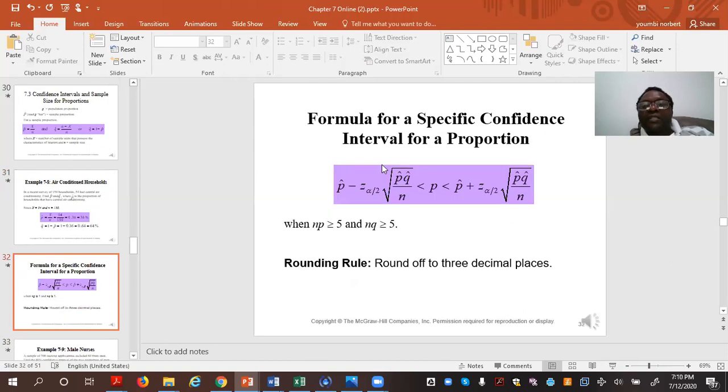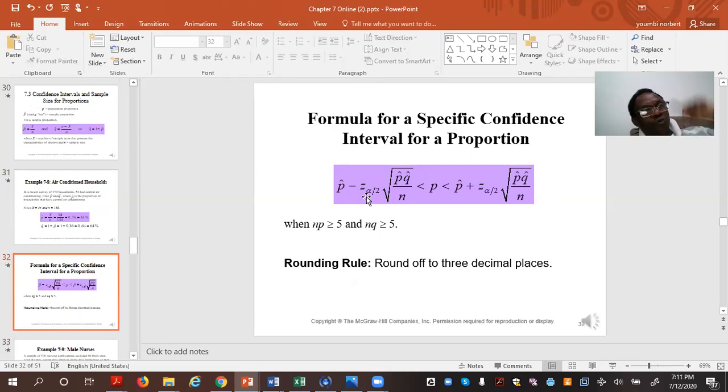So this is the formula for the margin of error for confidence interval for population proportion. We will get back to the Z alpha over 2, that slide where you have 90%, 1.65, 95%, 1.96, 98%, 2.33, 99%, 2.58.